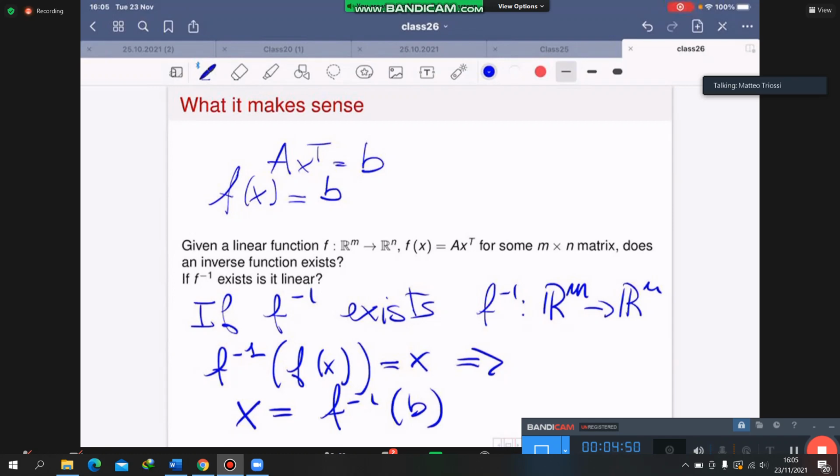In general, and in the particular case of square matrices, which are the only ones that are invertible, it will depend on a quantity called the determinant. The determinant will tell us whether the function can be inverted.